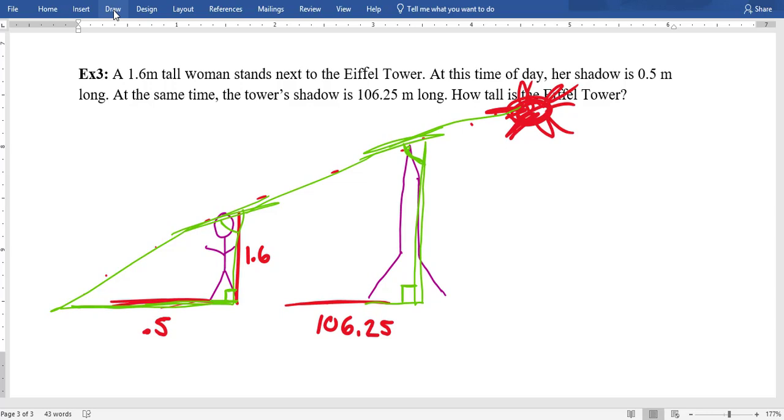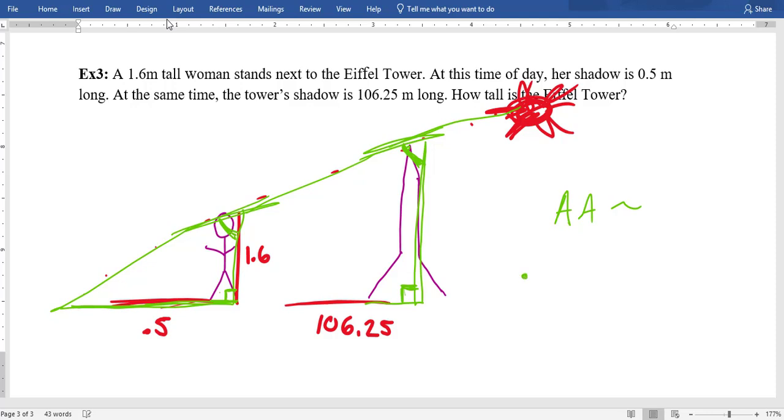And that means we have one angle the same, and the right angle is the same, so we have angle-angle similarity. These two triangles that the people and the tower create are similar, which means the sides are proportional.